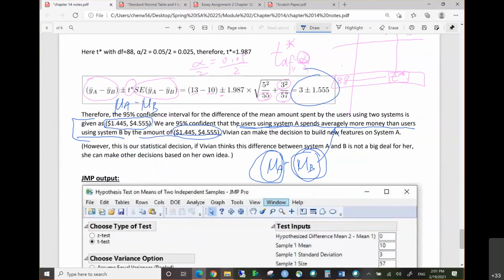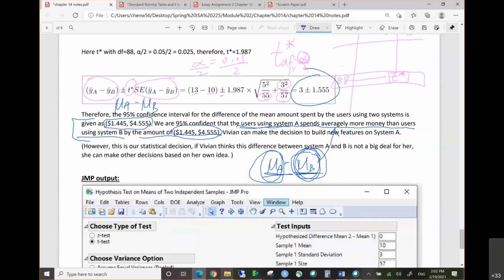Mu of A is the money the users spend on system A, and mu of B is the money the users spend on system B. This is how you define your variables. So we have these two variables, but you need to give the real meaning in your real data analysis.